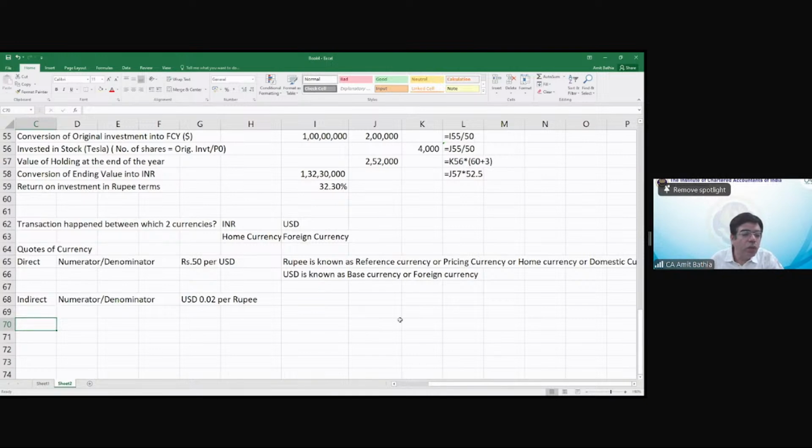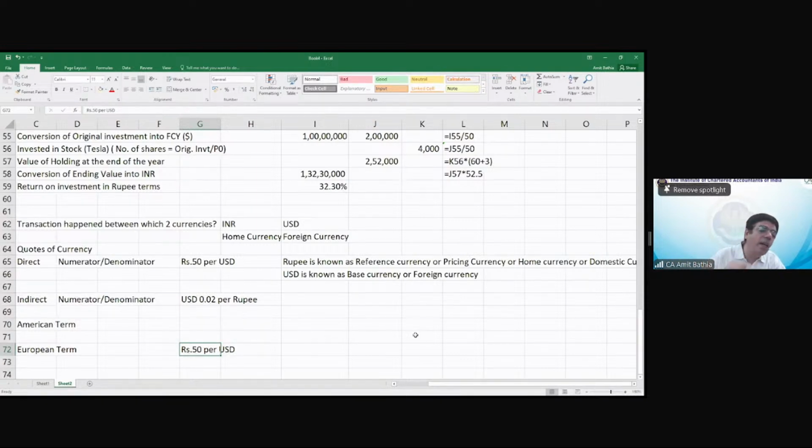Yes, so when we generally say quotes of currency, you are very much right. We also use the term American term or European term. What we are mentioning here, for example, when I am expressing my currency in terms of rupees 50 per USD, direct method, this is quoting as per European term, which means USD is the base currency for us.